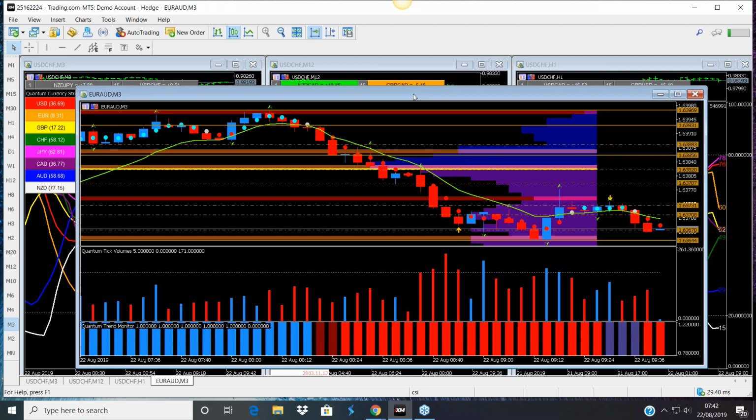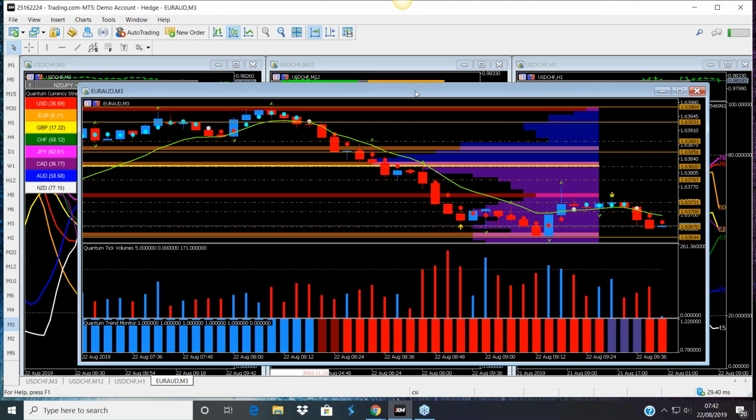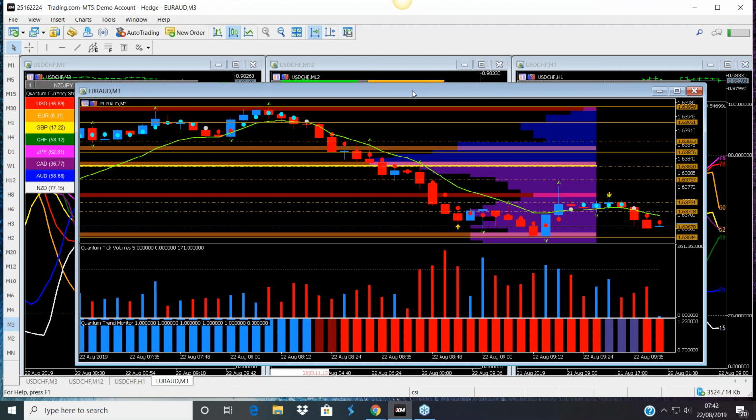Which is a shame, because the euro does move, but it doesn't always move against the US dollar, and there are all sorts of reasons for that. So as a trader, if you are going to look at the euro, don't just focus on the euro dollar. Perhaps look at one or two other euro pairs, maybe euro yen, maybe the euro against the commodity dollars.